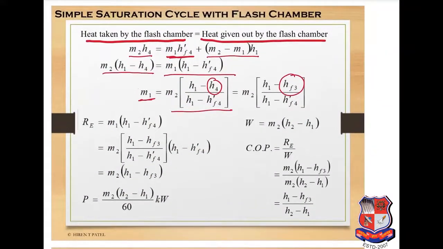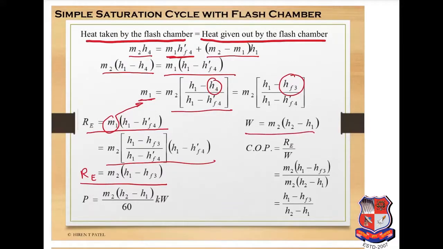So the refrigerating effect is m1 (h1 minus hf4 dash), and replacing the value of m1 from this equation, we get the equation of RE equal to m2 (h1 minus hf3). Work done by the compressor is m2 (h2 minus h1).